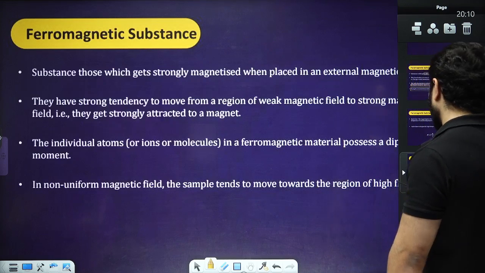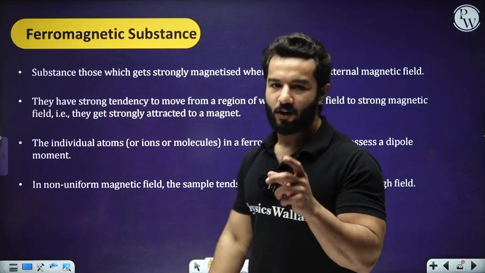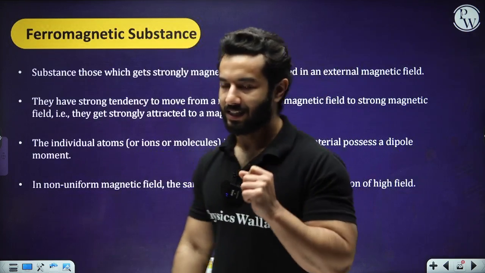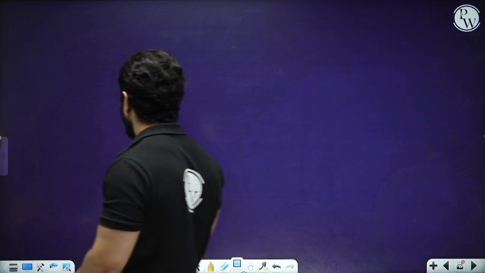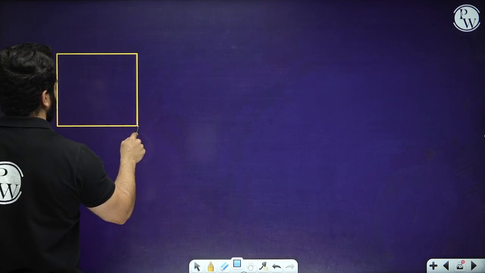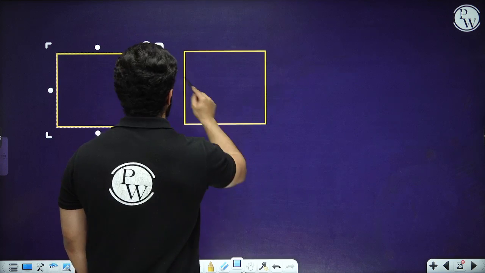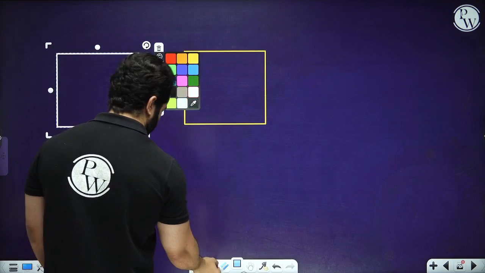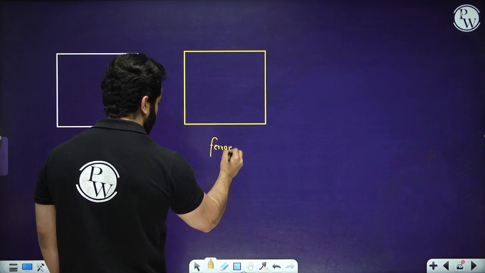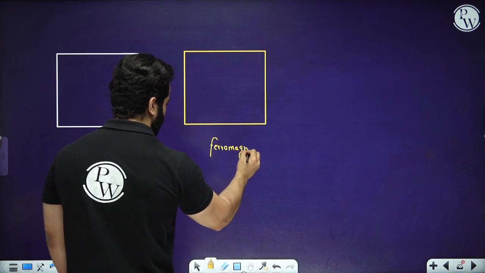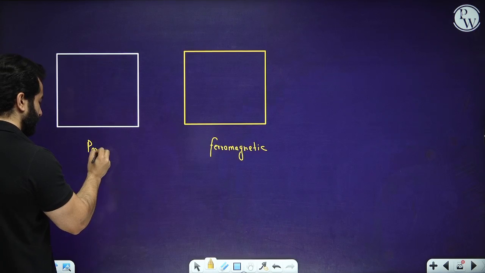Now moving on to ferromagnetic materials. What is the difference between ferromagnetic materials and paramagnetic? This is very important. Before starting this particular topic, we have got two types of materials. One is paramagnetic and the other one is ferromagnetic. So let's suppose this is a ferromagnetic material and this one is a paramagnetic.